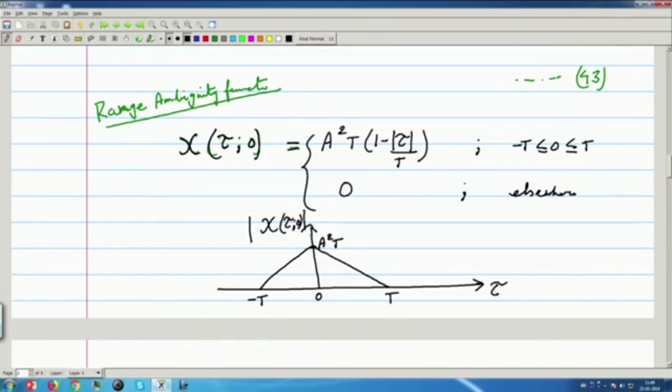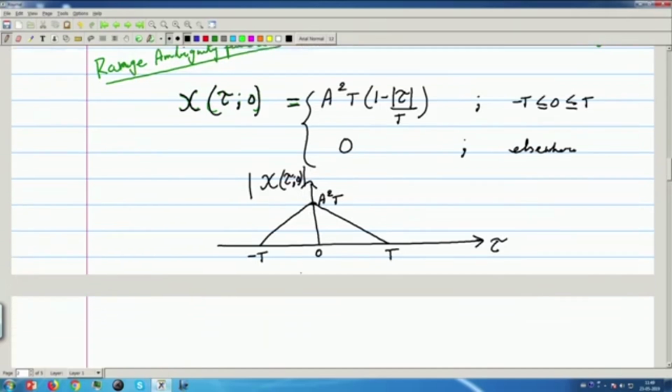Now, here you see the range ambiguity function. From this peak value, it is not very peaky; its roll off is not very sharp, it is coming down gradually.